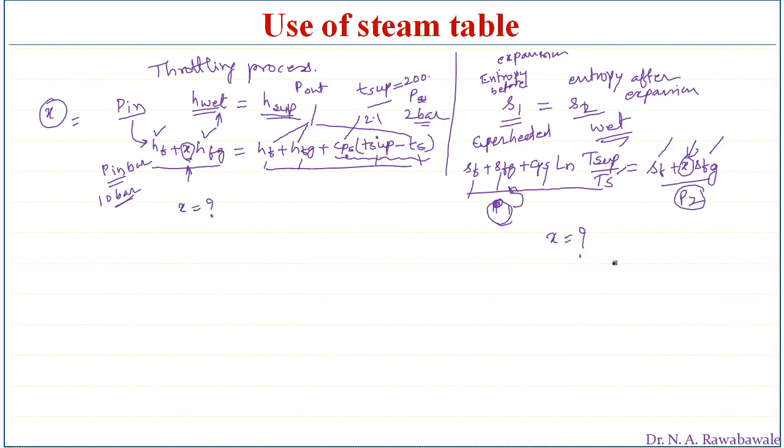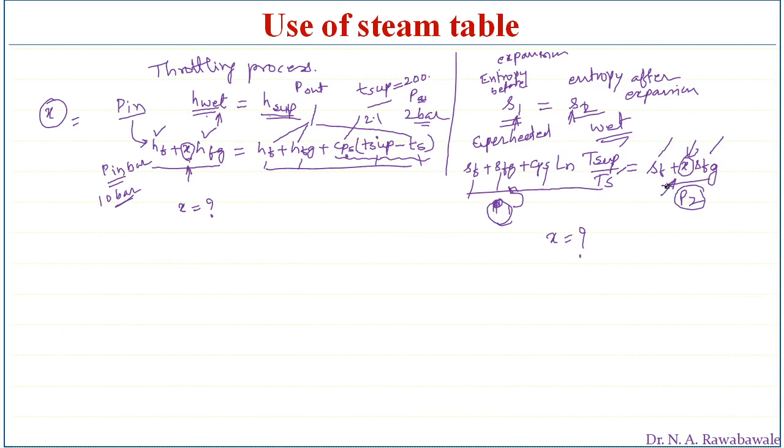So here are the two cases where we need to find dryness fraction of steam. In a throttling process, enthalpy before throttling is equal to enthalpy after throttling. In adiabatic expansion or compression, entropy before expansion is equal to entropy after expansion. That is to be equated, and here we can find dryness fraction x.